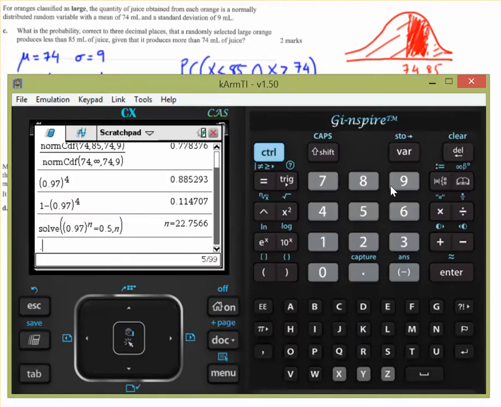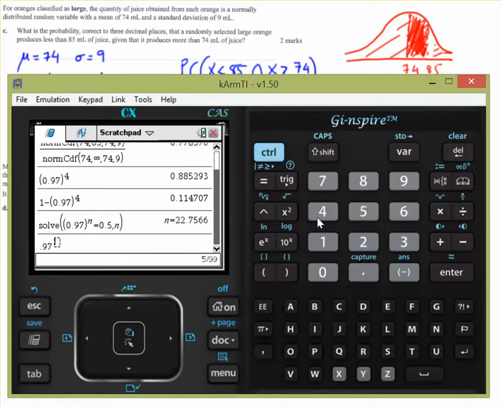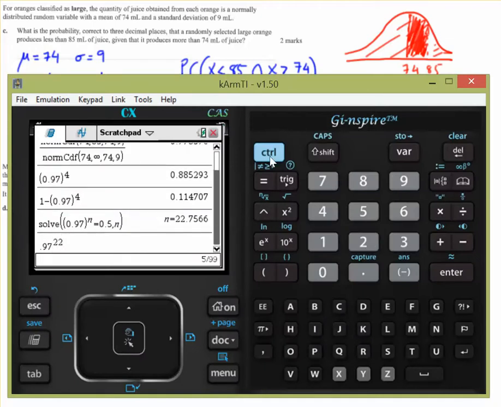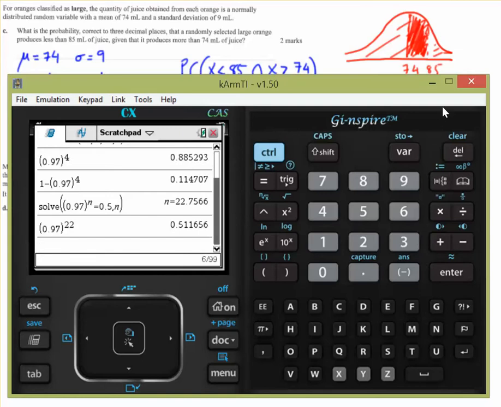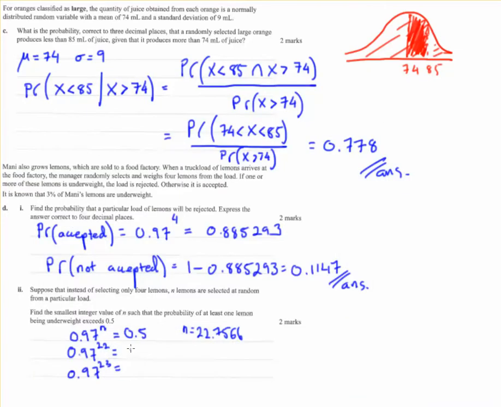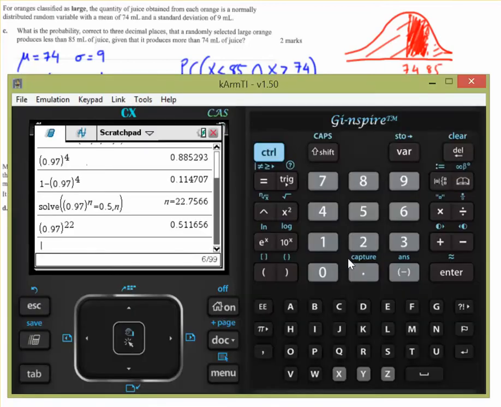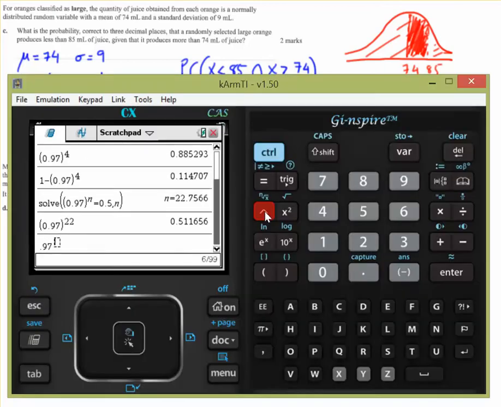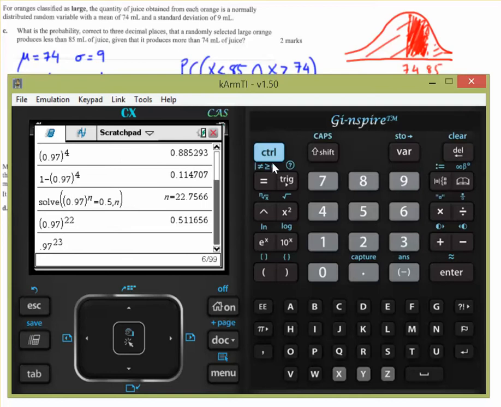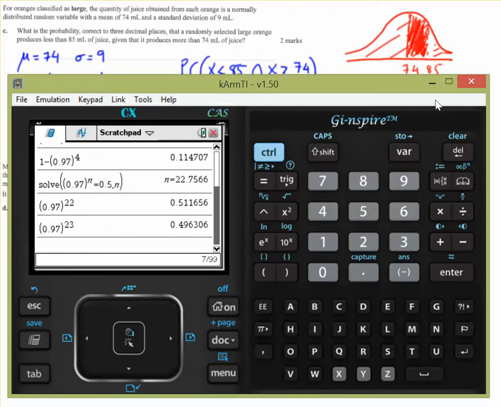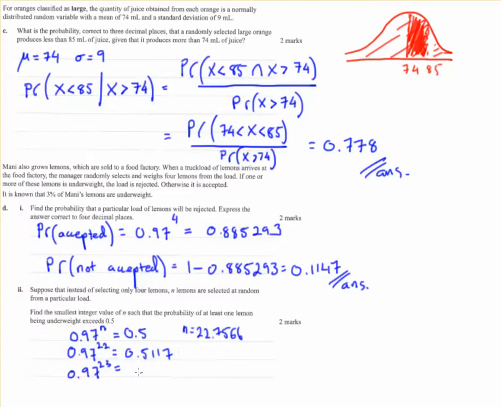0.97 to the power of 22 is 0.5117, and 0.97 to the power of 23 is 0.4963.